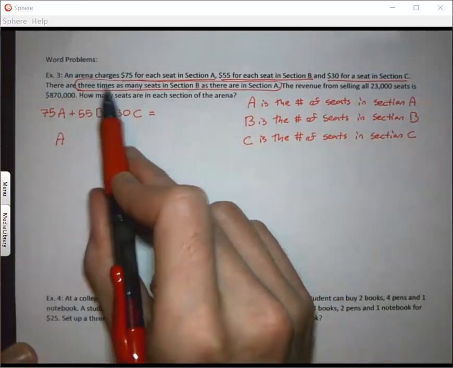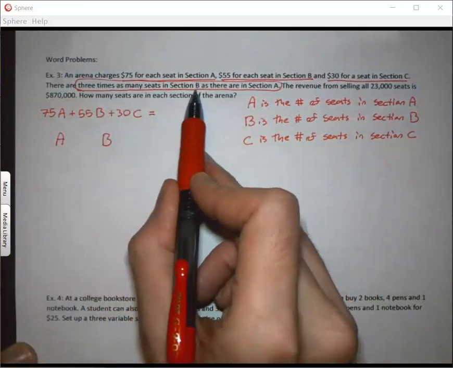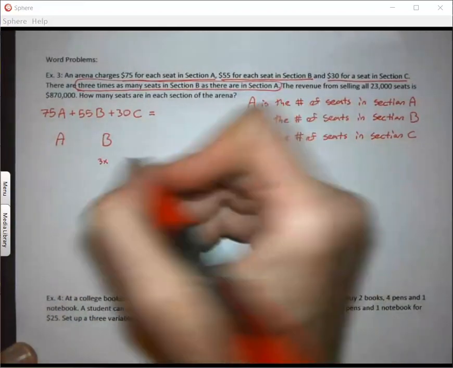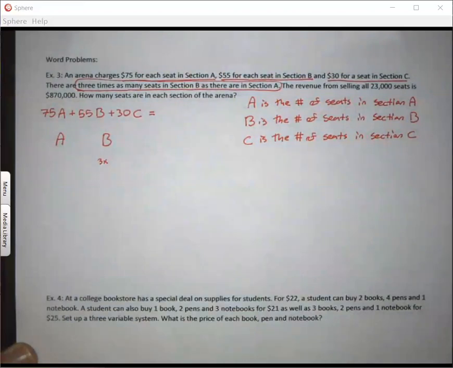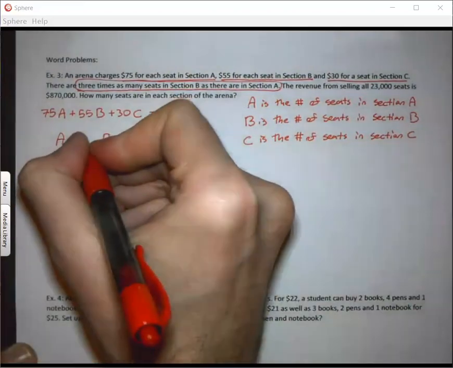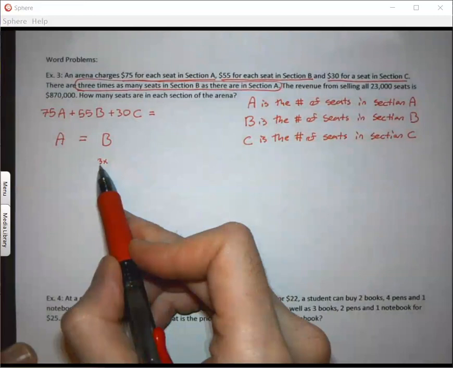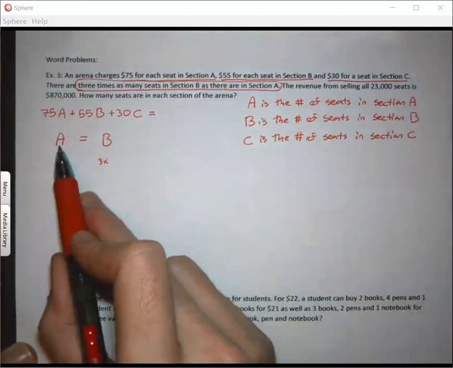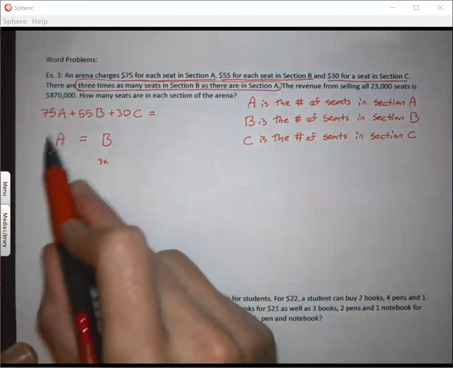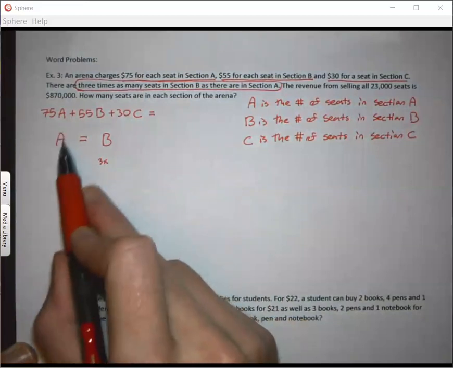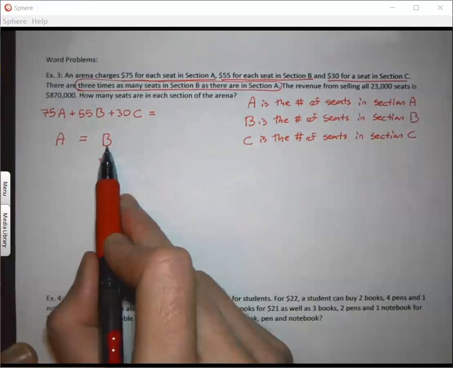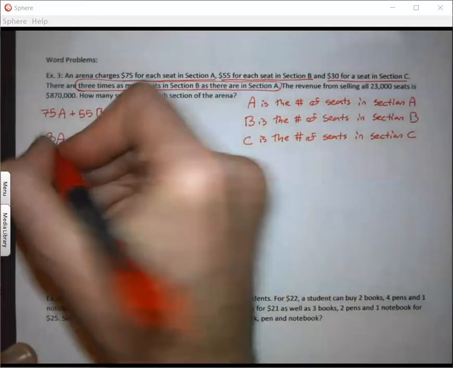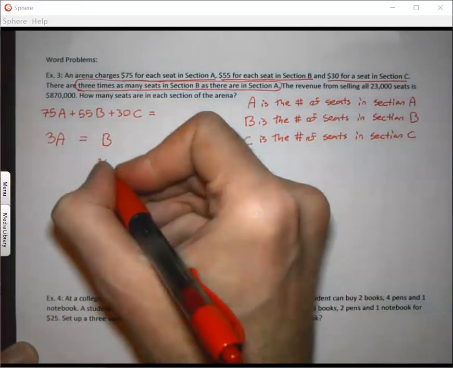So there's 3 times as many seats in section B. So B is 3 times bigger. So if B is 3 times bigger, what would we have to do to make them the same? Well, we could make A bigger, increase A until it gets the same as B. So if I've made this 3 times bigger, they should be the same.